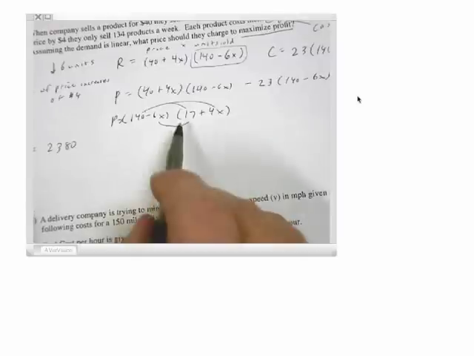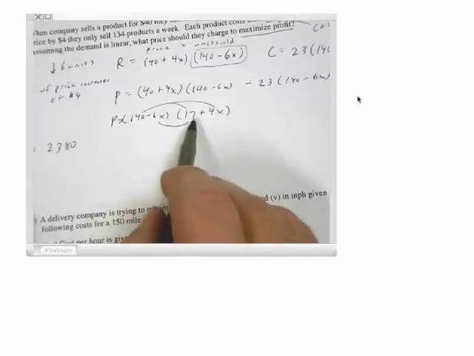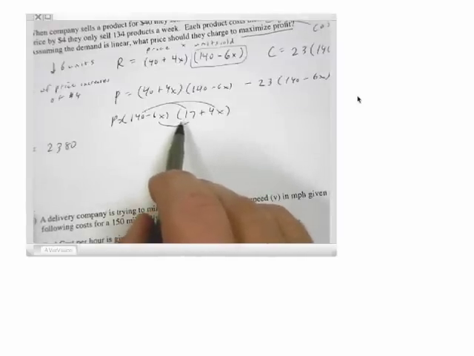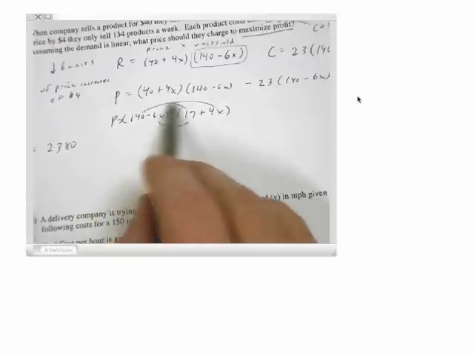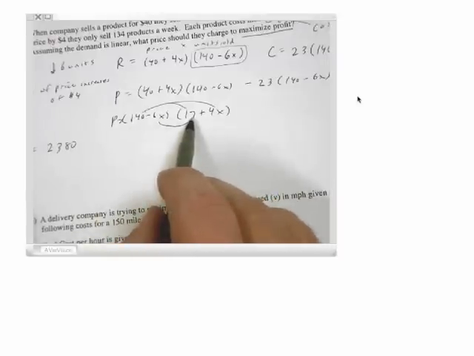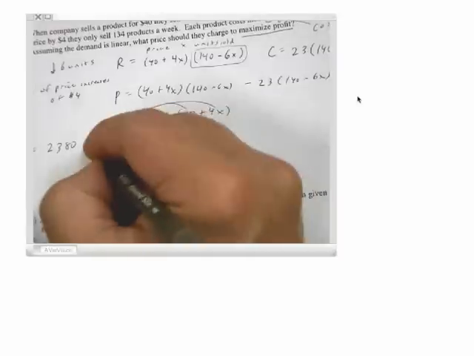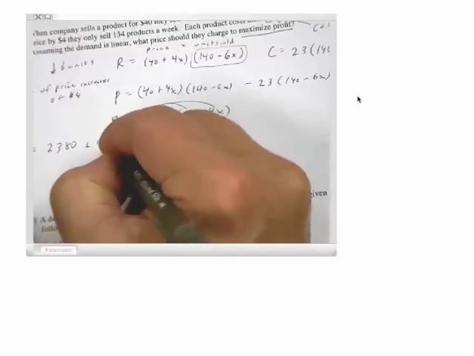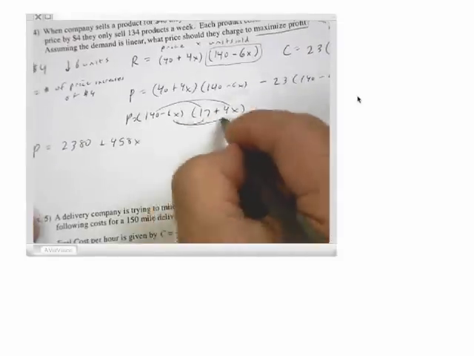In the middle, when we do 17 times 6, that's 102. So we're going to end up with 560 and 102. One's a plus, one's a minus. We're going to end up with plus 458x. And then we've got minus 24x squared.